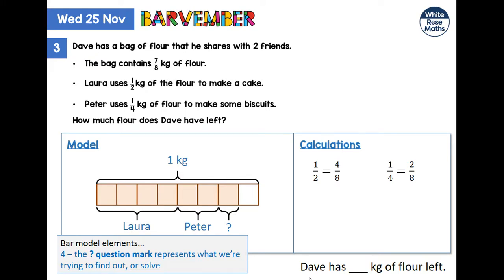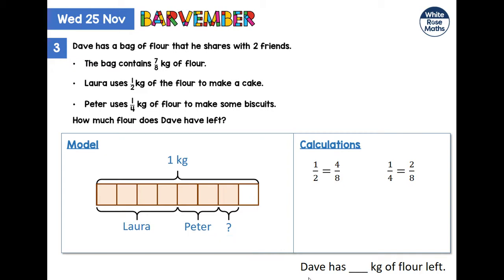We're asked how much is left, and indicating that with our question mark. And very important to remember that there were only 7/8 of flour in the bag, so it's one, not two, of these parts that we're after at the end.